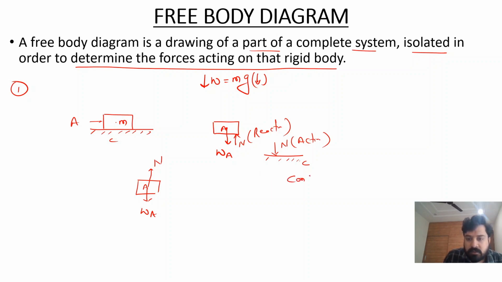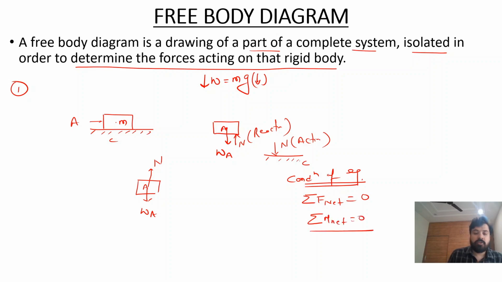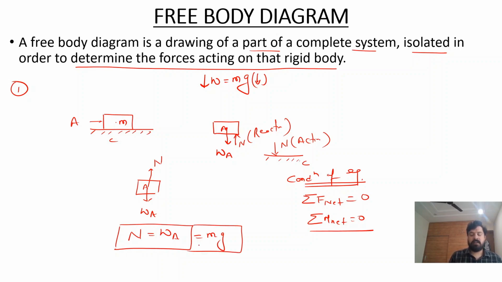So here the net force is zero, meaning the net horizontal force is zero and the net vertical force is zero. Then the body is in static equilibrium. So here N is equal to W A, and W A is equal to m into g. This is the free body diagram and its calculation.